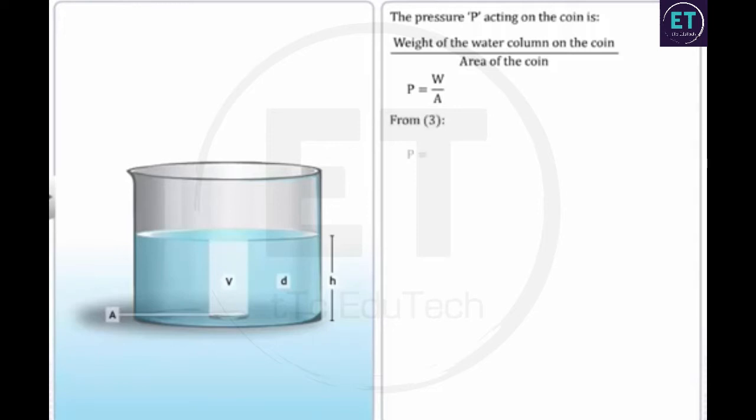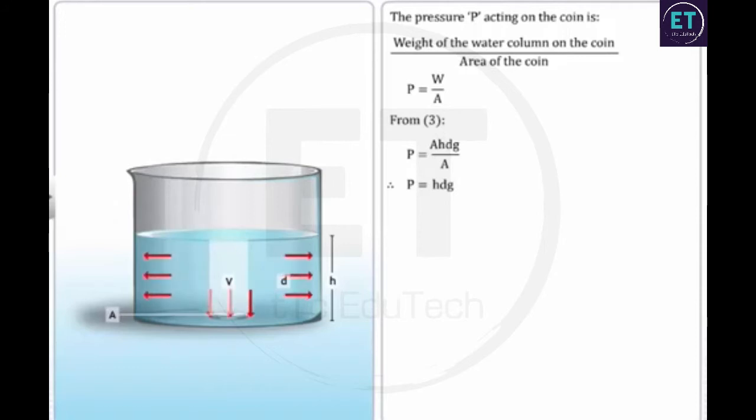From equation 3, we know W is equal to the product of A, H, D and G. This gives the expression of fluid pressure P. P is equal to HDG, where H is the height of the water column, D is the density of the water, and G is the acceleration due to gravity.